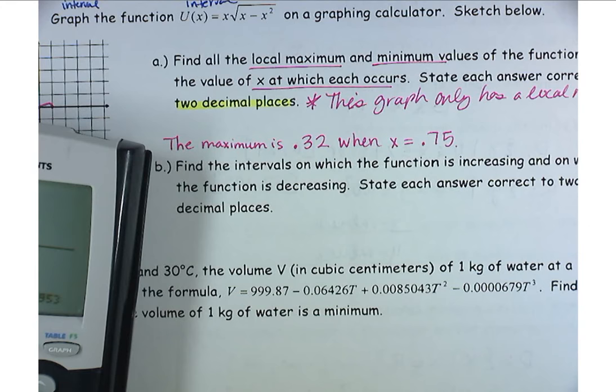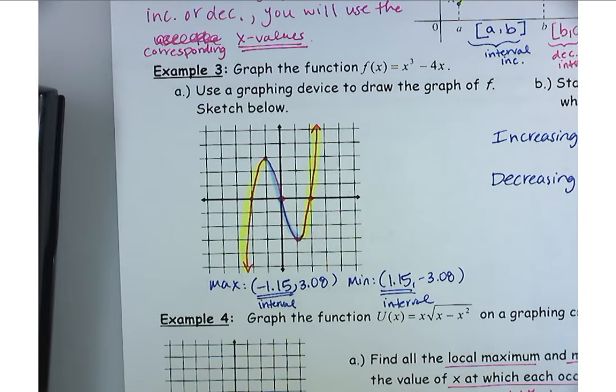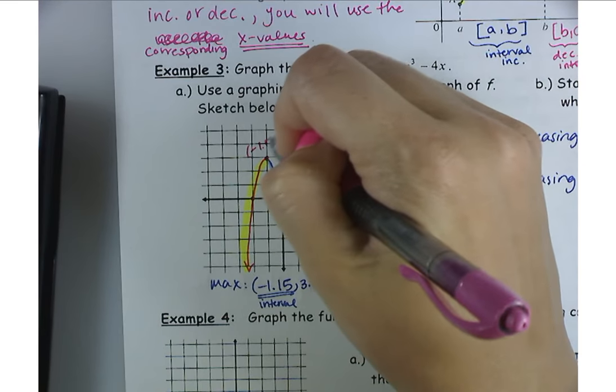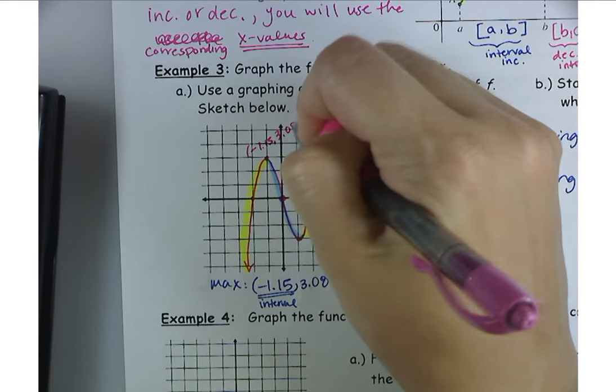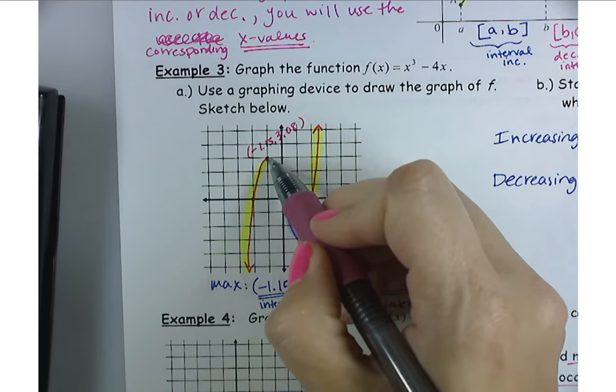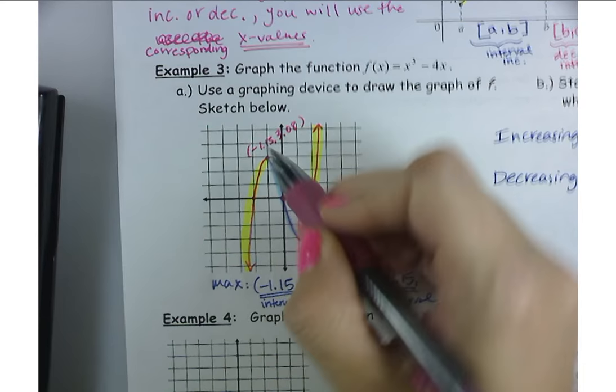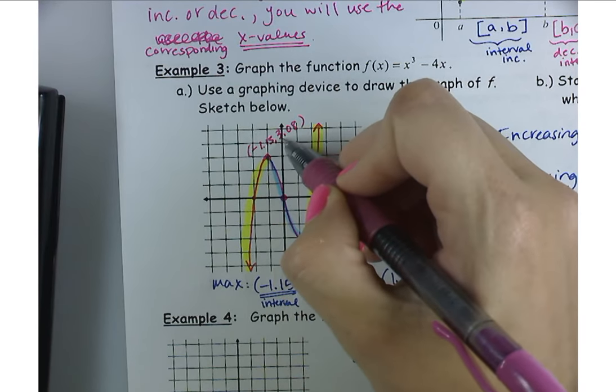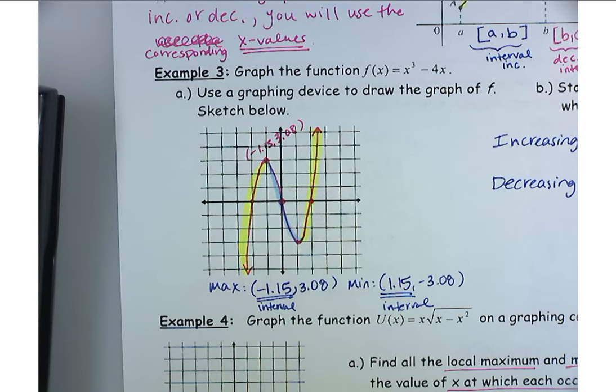When you were doing your intervals, for the last one, we found the maximum, which was at negative 1.15, 3.08. So it kind of looked like your max was at the 3, but really it's going a little bit above that, isn't it? Because the max was at 0.308.